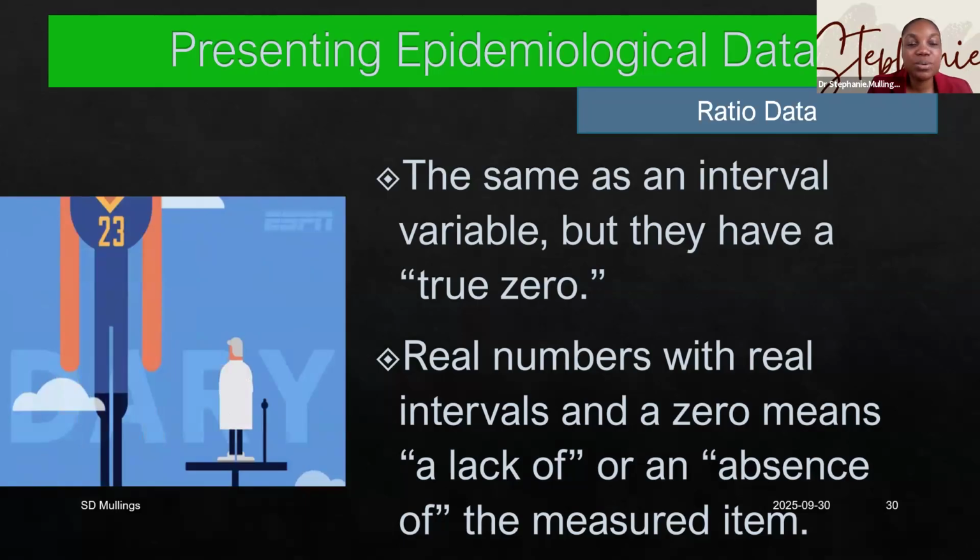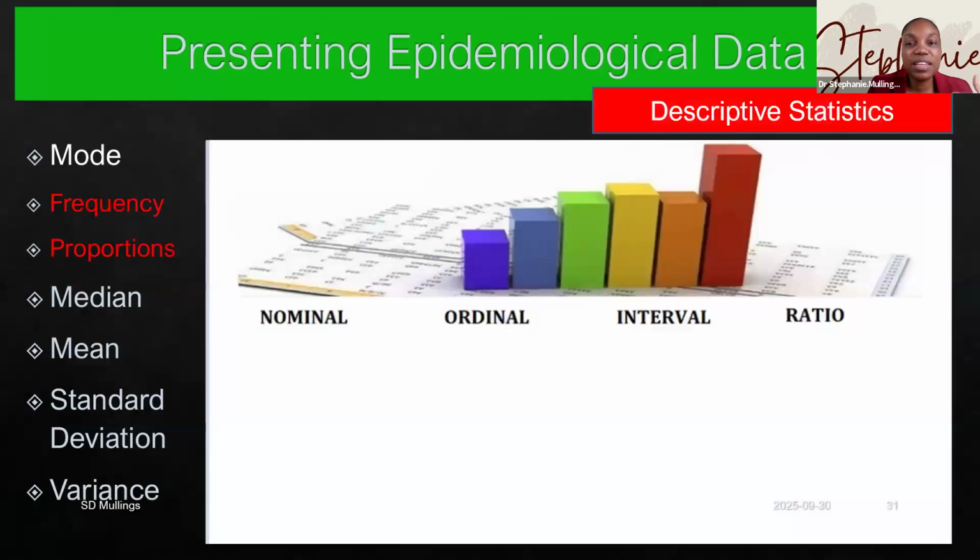So the last thing I want to talk about in terms of representing epidemiological data is how we present, and this is statistical means in terms of the mode, the frequency, the proportion, median, mean, standard deviation, and variance.